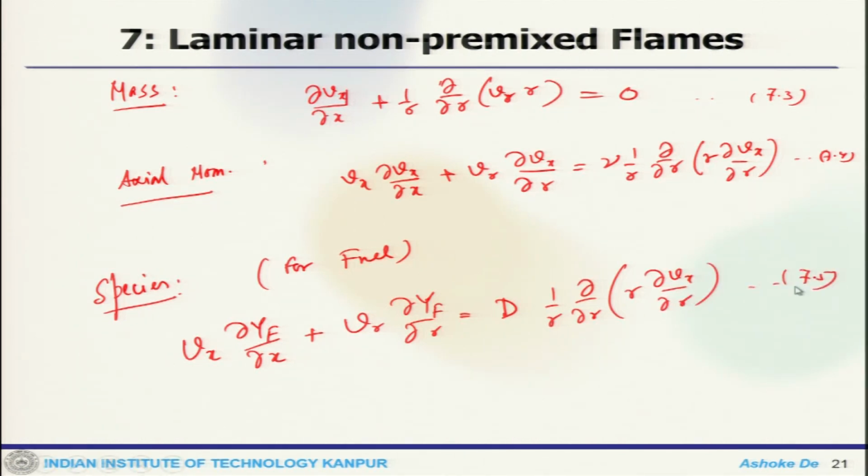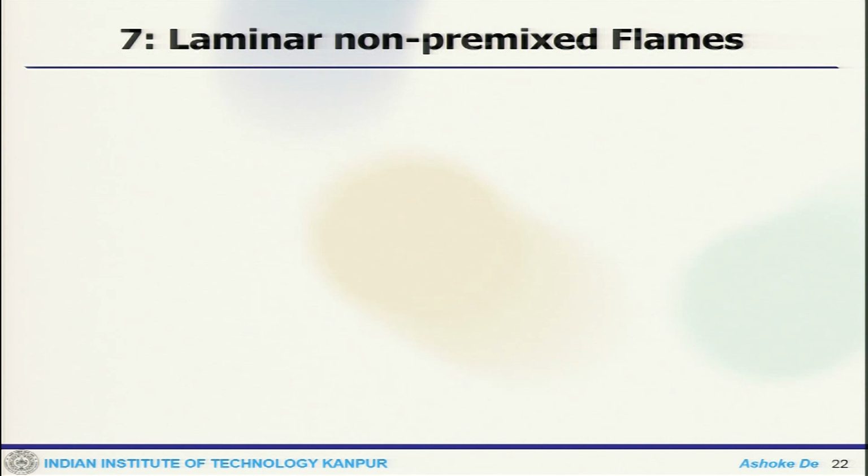So, these are the conservation equations we get, and only thing is we write here the species conservation equation for fuel only. In addition to that, we have one more thing, the oxidizer, which will be 1 minus fuel.